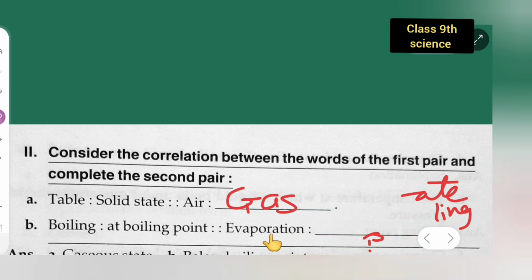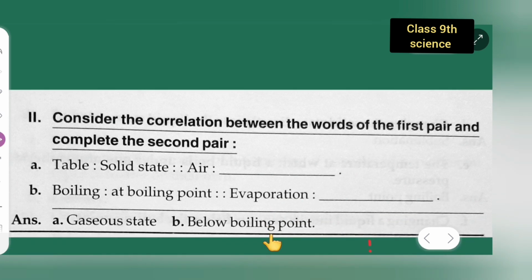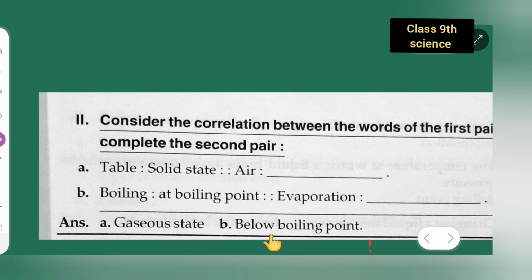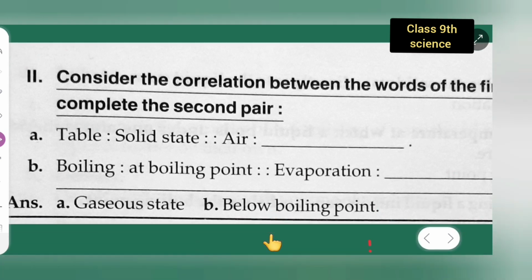Let me rub this and give you all the clear cut answer. Table is solid state, air is the gaseous state. Answer is B: boiling is at boiling point, and evaporation will be below boiling point. This is the correct answer, okay?